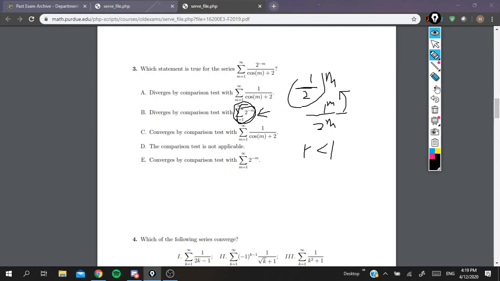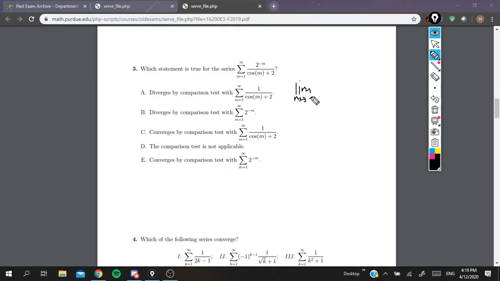And then when we look at this, we can use the divergence test. So we take the limit of m to infinity, then we can have this, and this is not 0, as the cosine of anything, no matter what it is, ranges between 1 and -1.